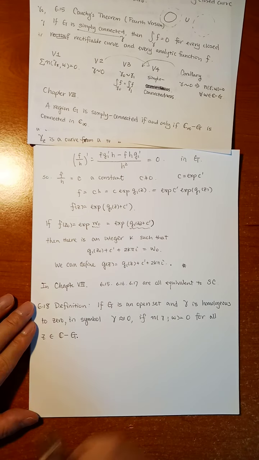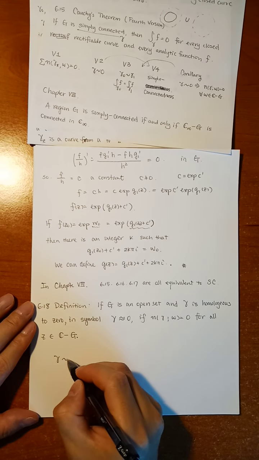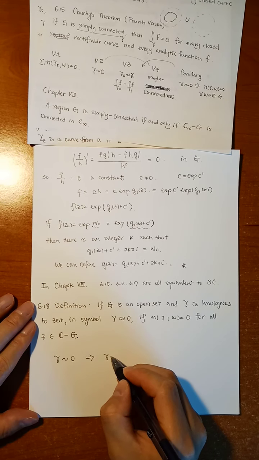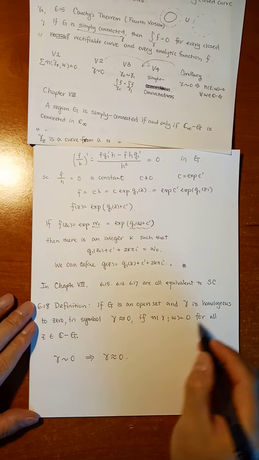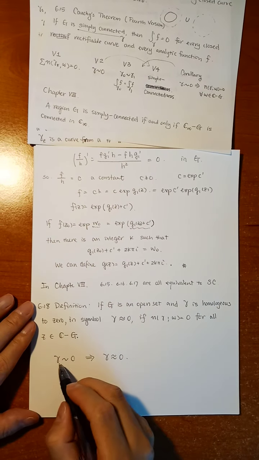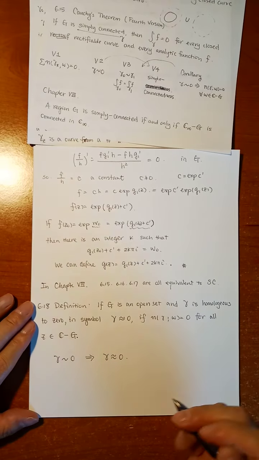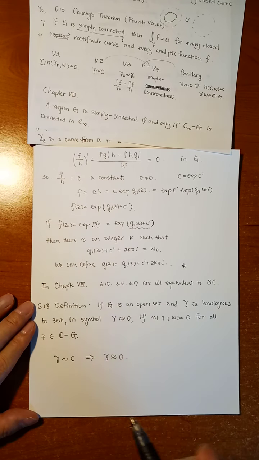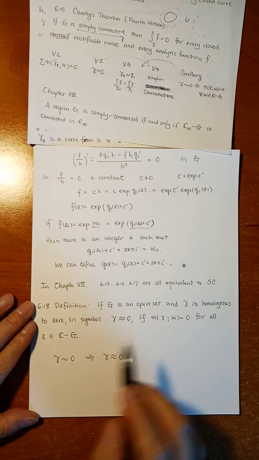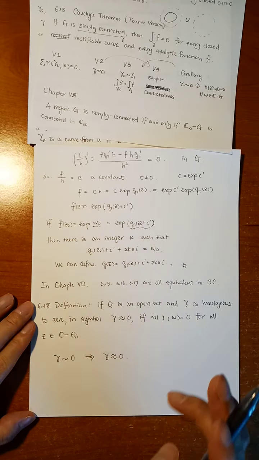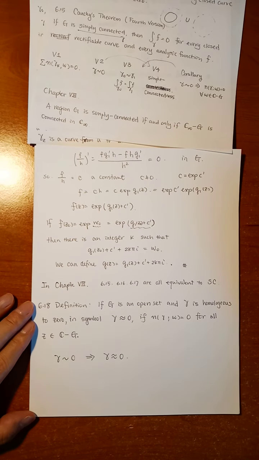So homotopic to 0 will imply the winding number equal to 0. But the winding number equal to 0 here, we call it homologous to 0. So the first implies the second. Here we just gave this winding number condition a name; it is not a new concept. All right? So we finish this section.